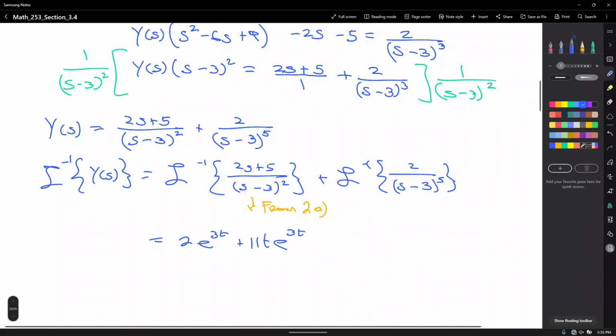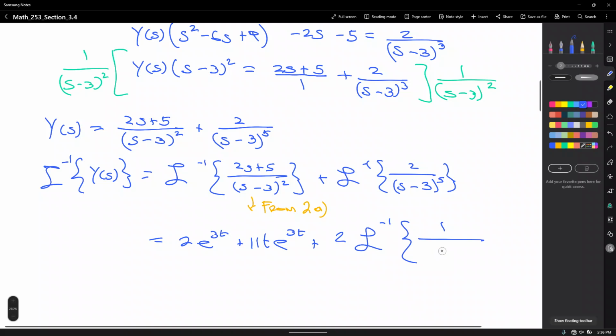The second term, what can we do about this one? I'm going to take these two out of the fraction. That'll be plus 2 times the inverse transform of 1 over s minus 3.